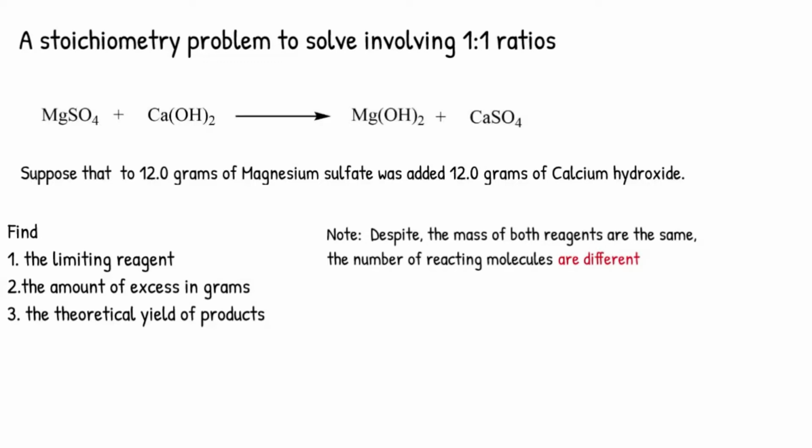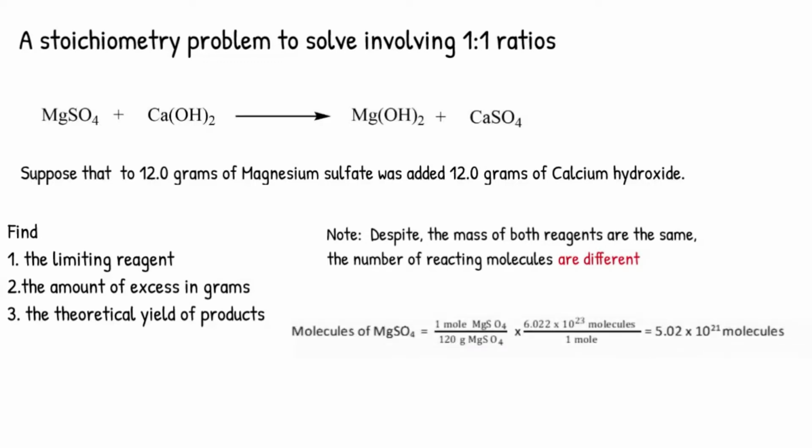In our calculations of molecules of magnesium sulfate and molecules of calcium hydroxide, we could take the molar mass, 1 mole of magnesium sulfate over 120 grams of magnesium sulfate, and multiply it by the number of molecules, 6.022 times 10 to the 23 molecules per mole.